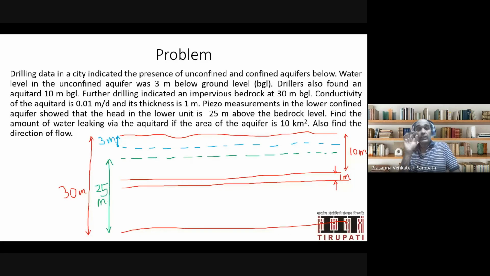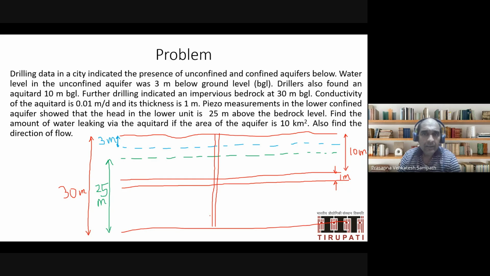Okay. Now, this green line is an imaginary line. It doesn't exist, apart from the fact that if you were to drill a well to the confined aquifer. Now let me imagine a well being drilled into the confined aquifer. Suppose I drill a well all the way into the confined aquifer.